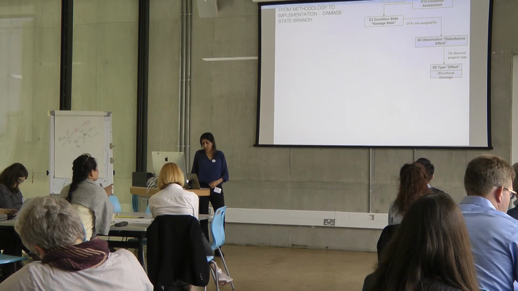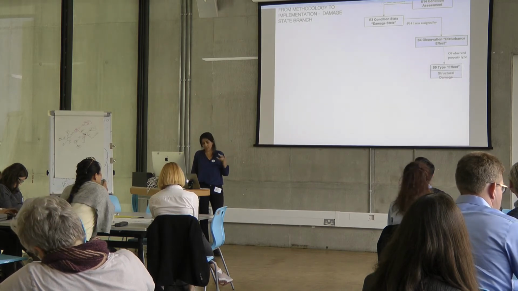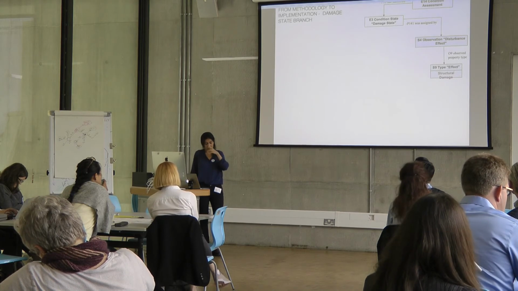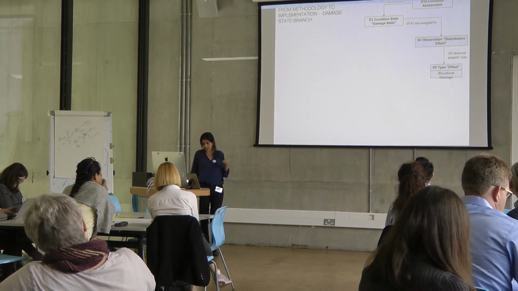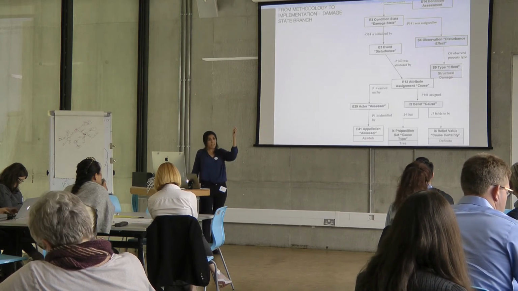And then for recording the effect, or what you actually see as a result of the damage, we're using the CRMsci extension, and we record this effect as an observation. So the structural damage as an effect is an observation that was again made.